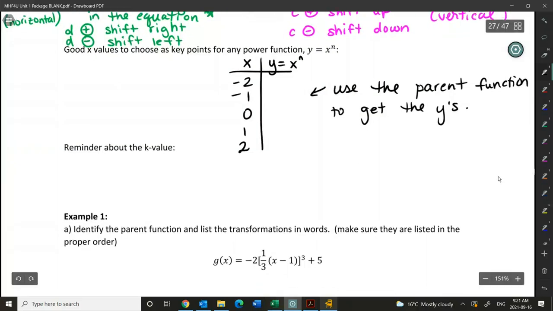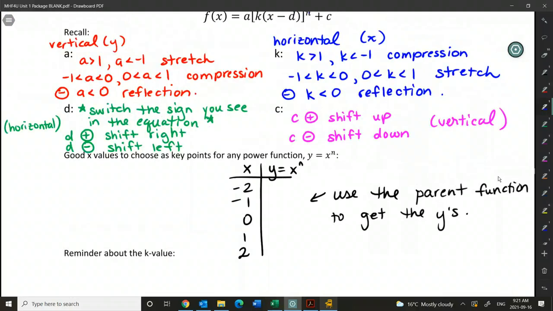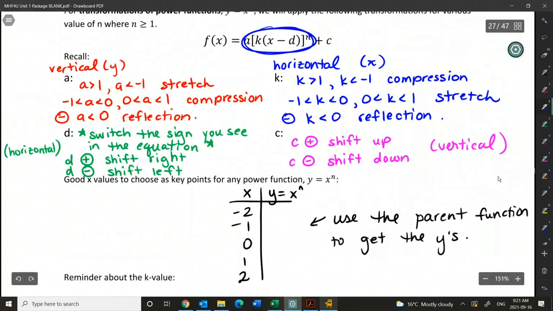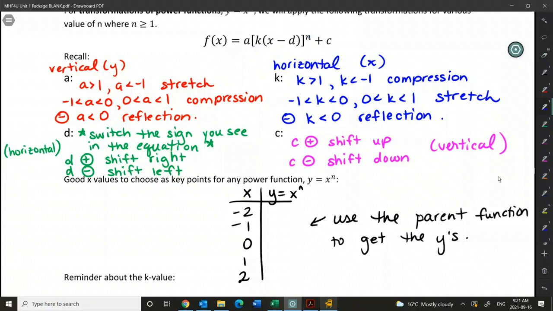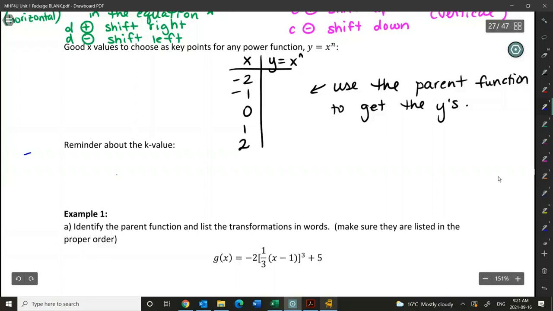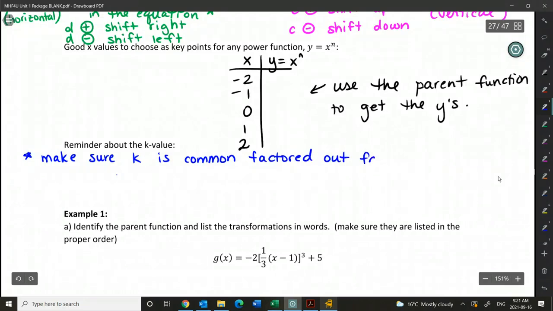Okay, a couple reminders about the k-value. First, the k-value needs to be in this format here, which is common factored out from the x and d. If I don't have that, I won't see the proper d value shift. So make sure k is common factored out. I need to be able to see k bracket x minus or plus d or whatever that is.